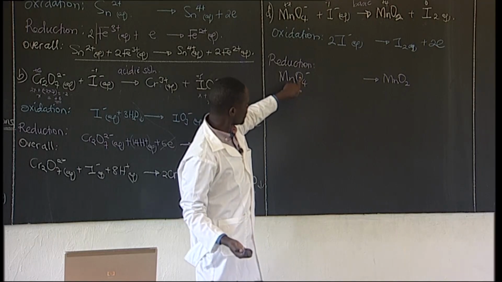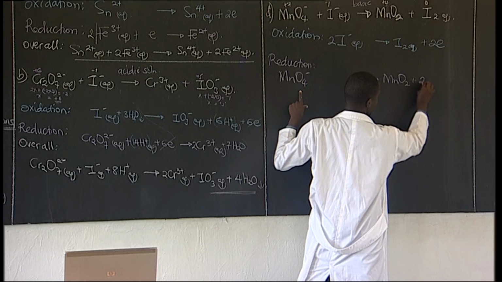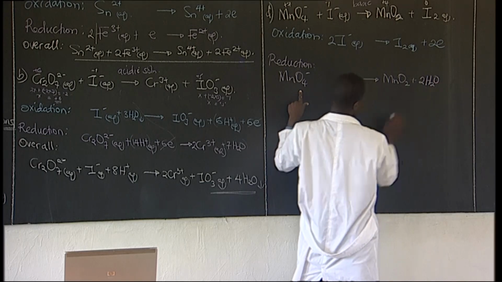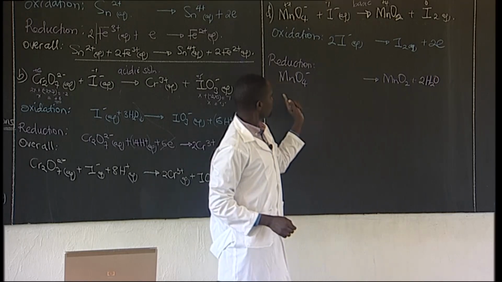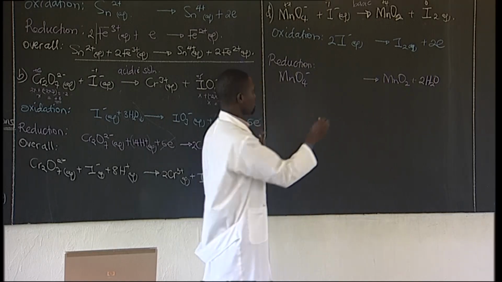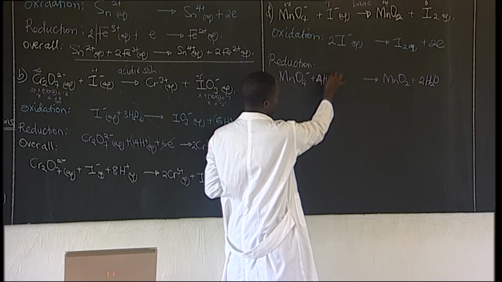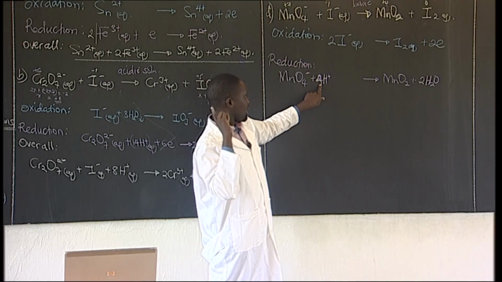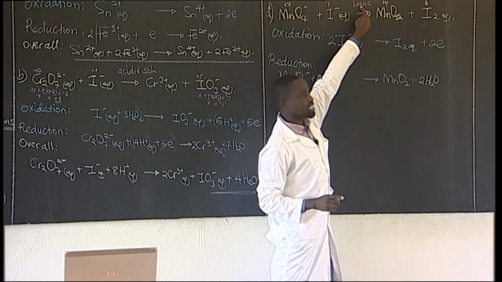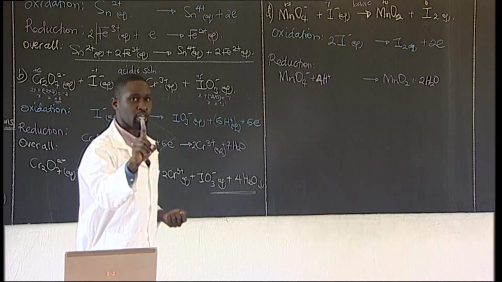We balance oxygen. Balancing oxygen, we need to add water here. 2 water. So, by putting water there, oxygen is balanced, but hydrogen is not. We need to put 4 hydrogen ions here to balance hydrogen atoms. So remember, it is in basic condition, and that is the only trick I want you to take notice.